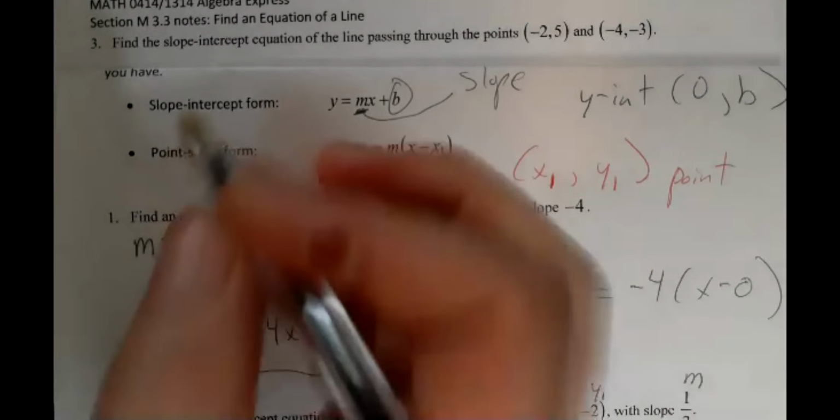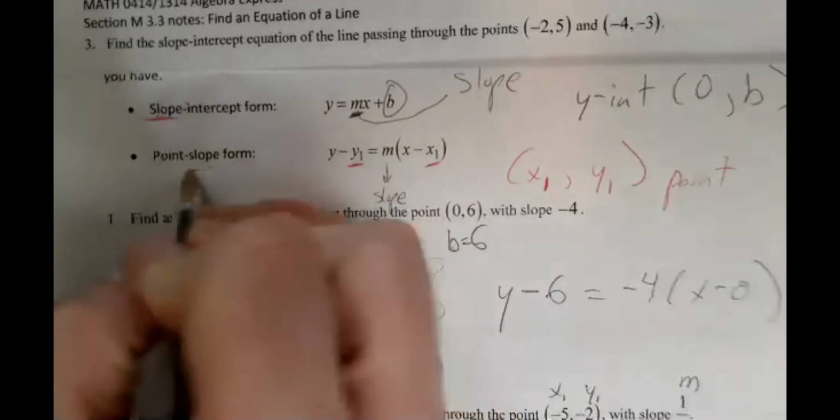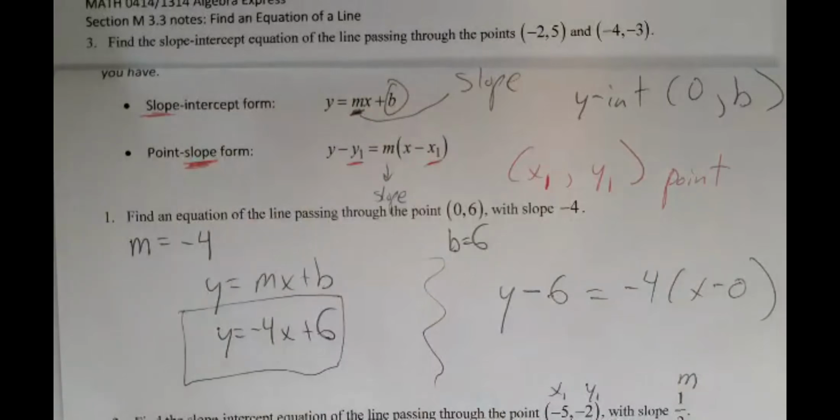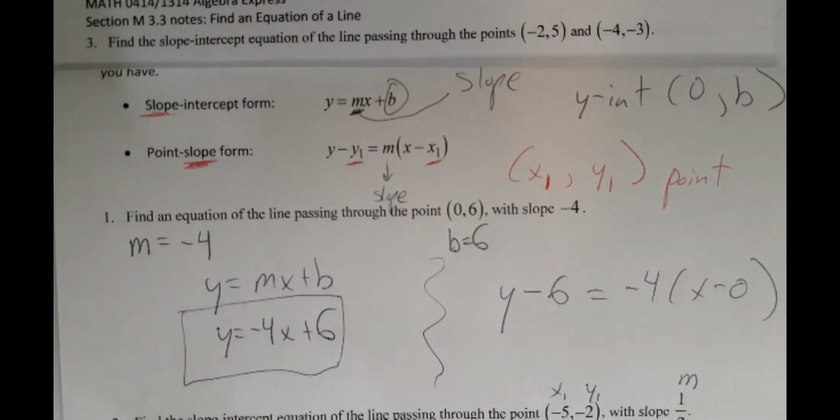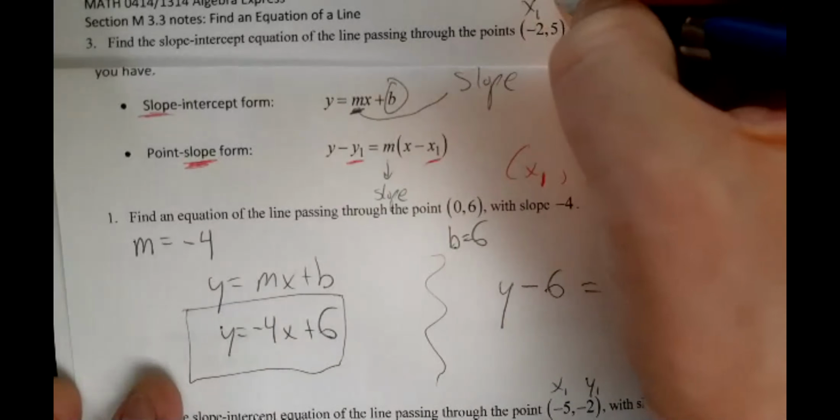You might notice these things both require a slope. Where they are different is that one is a general point and one's an intercept, right? But they both require a slope. So it says find the slope-intercept equation of the line passing through those 2 points.